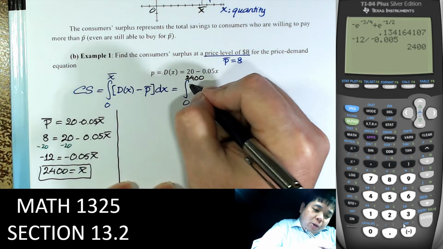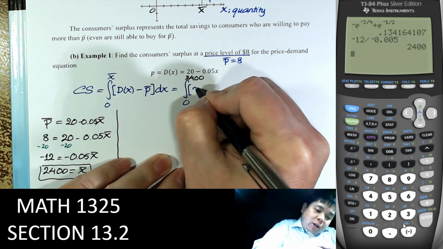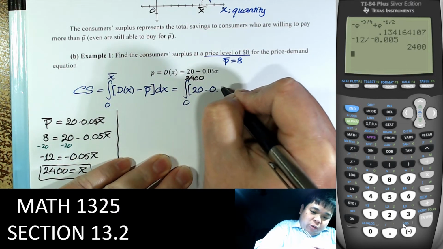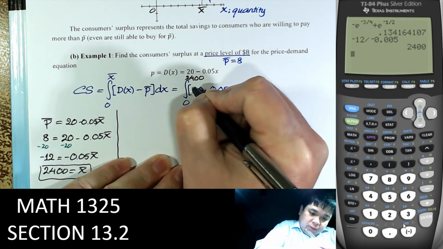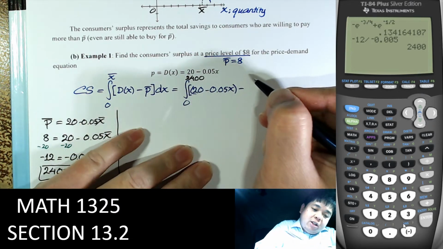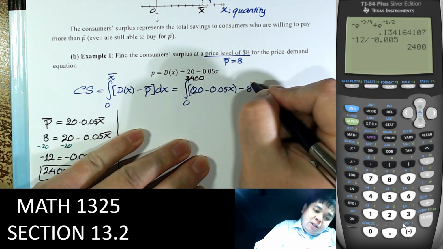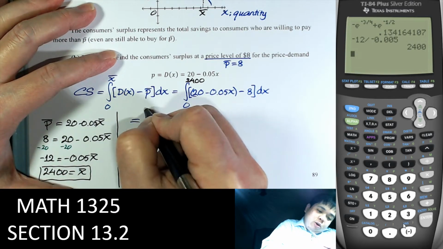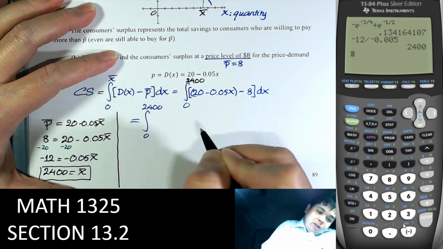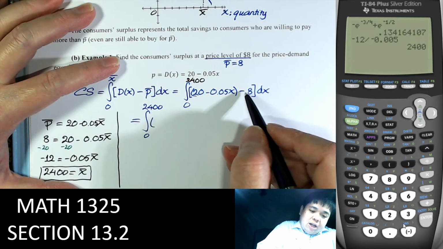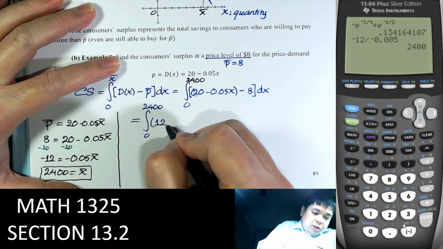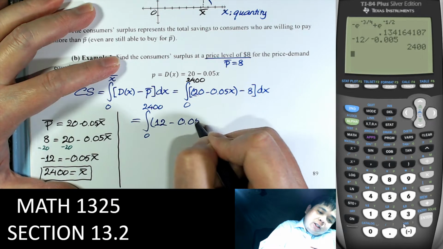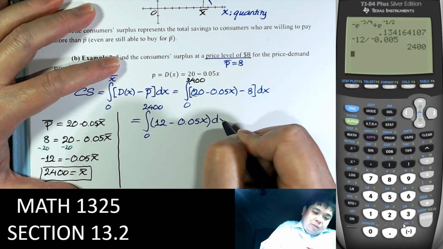Right, the price demand equation is 20 minus 0.05x, subtract the P bar, which is 8. So we have the integral from 0 to 240 of 20 minus 8, so that is 12 minus 0.05x dx.